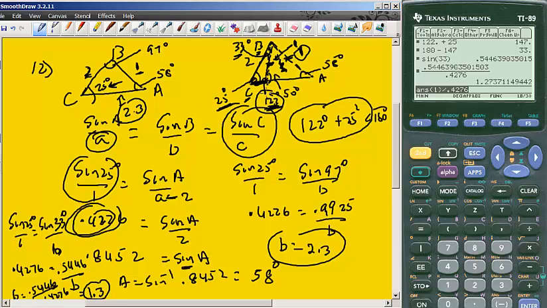So we do have another side, and that side here turns out to be 1.3. I'm going to list everything that I have right now, so that you know we have two triangles.